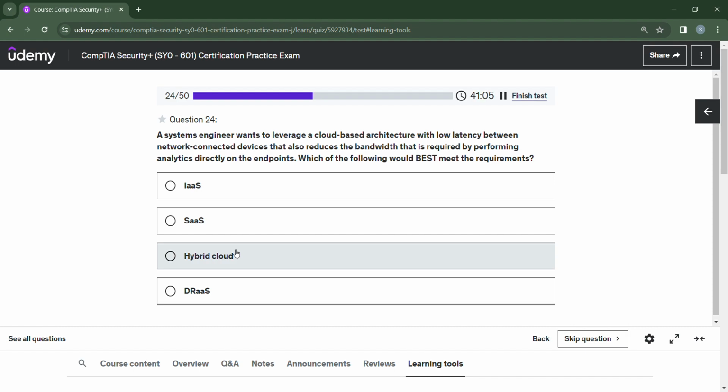I'm actually not sure even what they're asking here. I'm going to say hybrid cloud. Actually, performing analytics directly on the endpoints.